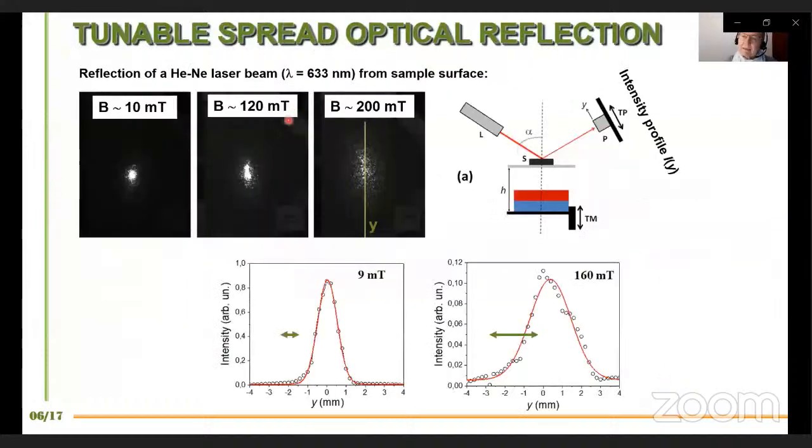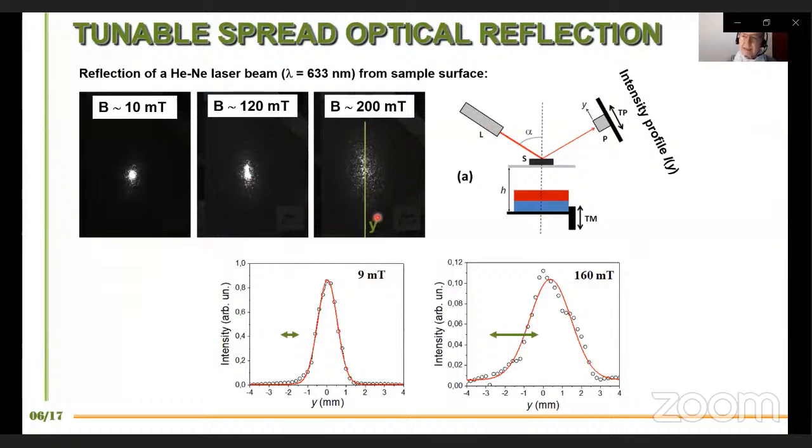The first property that we analyzed was a modification of optical reflection from the surface. These materials are very shiny, but when we apply a magnetic field, this shiny, glossy surface becomes opaque. We can see here the transition, which shows that at low magnetic field we have a specular reflection of the laser beam from such a surface.